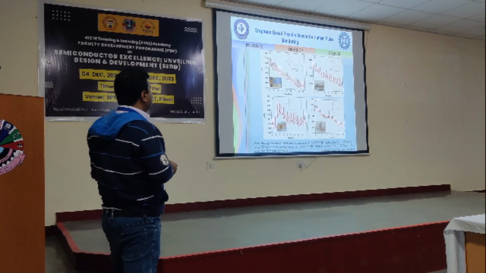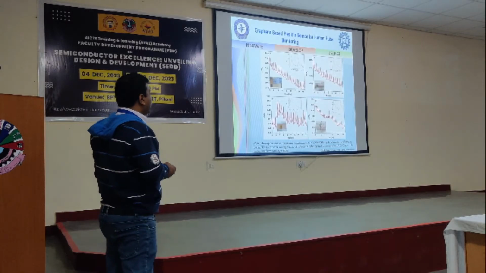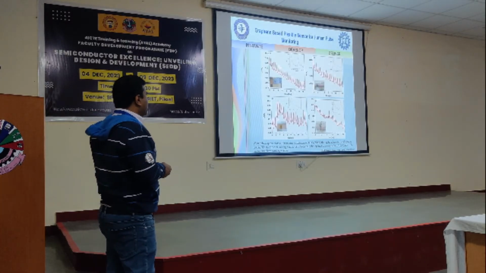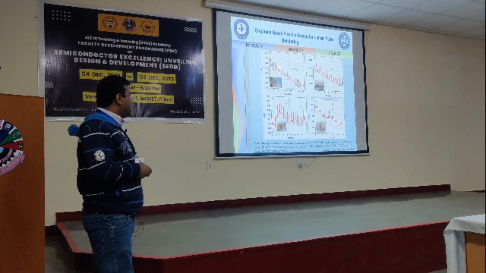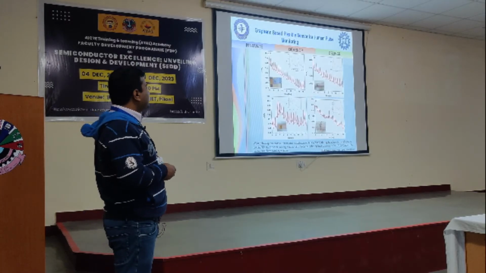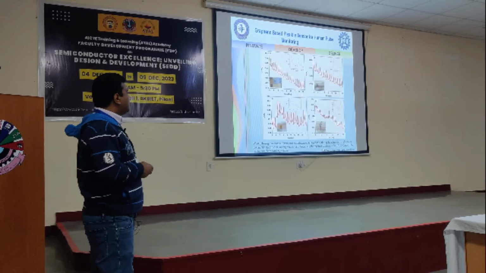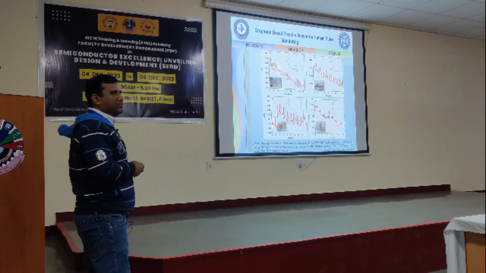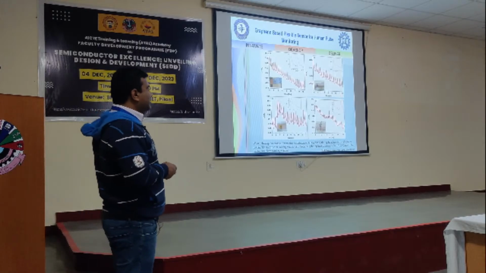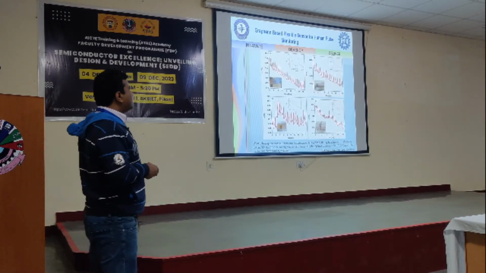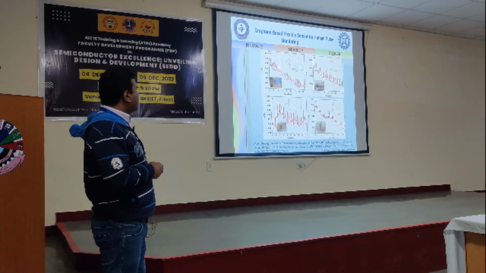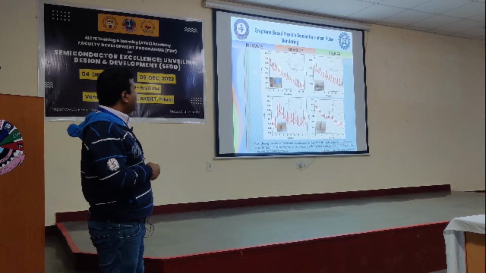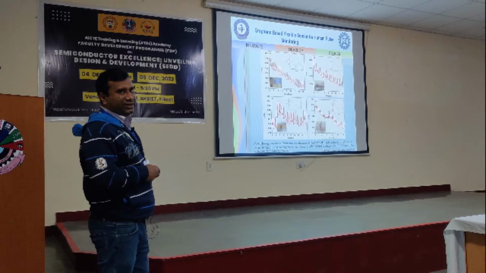Now these are the devices, graphene based flexible sensors, we have fabricated on several substrates. The first one is the flexible PDMS substrate, second one is PET substrate, third one is polyimide PI substrate, and fourth one is carbon fiber. In all the cases, whenever you are testing the devices, you apply pressure or strain or external forces, and in all the cases a change in resistivity takes place. That change in resistivity is your response, the gauge factor.